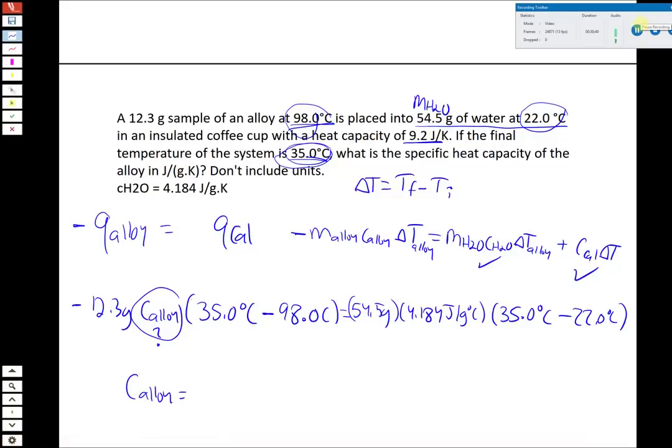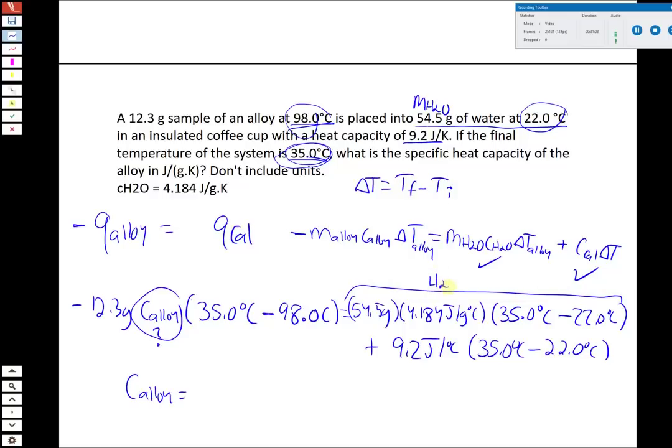Alright, I left out a term here that I was in a hurry with. Make sure we include also the 9.2 joules per degree Celsius times the same delta T. So this whole thing here is the water, and this whole thing here is the calorimeter. I have to include both of those. Let me take a quick break to do the math.